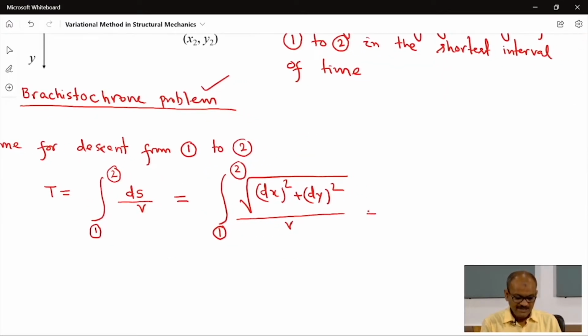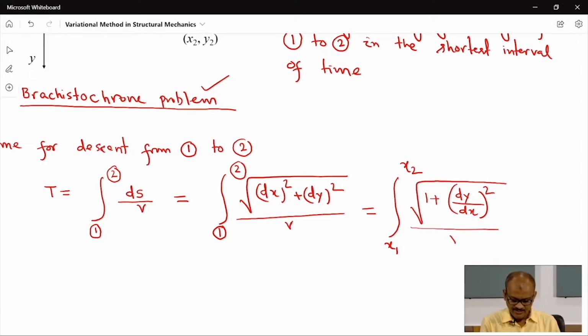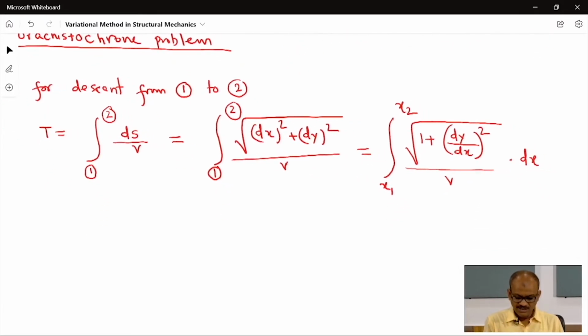If I make the limits x1 to x2, I can write it as the integral of root of 1 plus dy by dx whole square, divided by v, into dx. This is the total time taken.